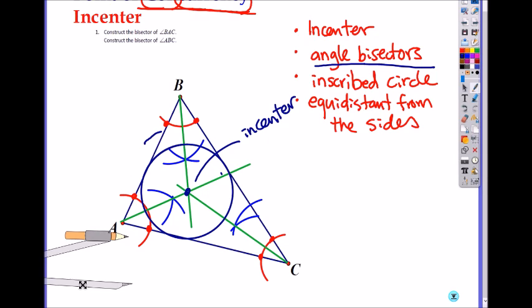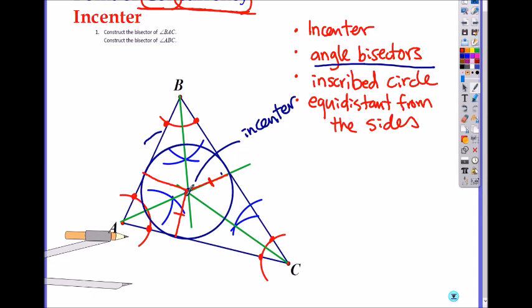That shows me what? This radius from here to here must be equal to this radius, which is equal to this radius, meaning this point is equidistant from all three sides. So they can give you a question like this on the test.